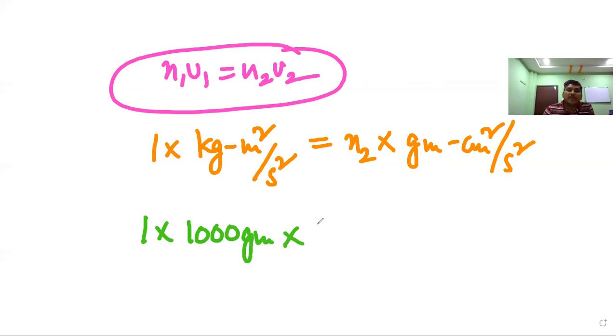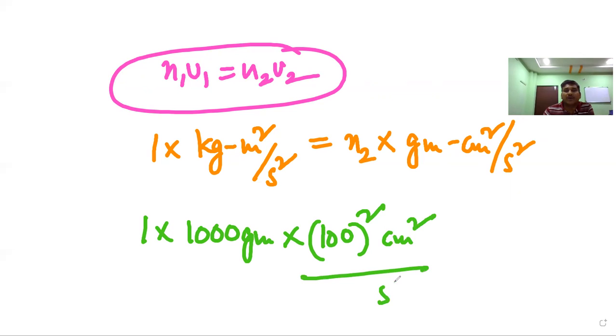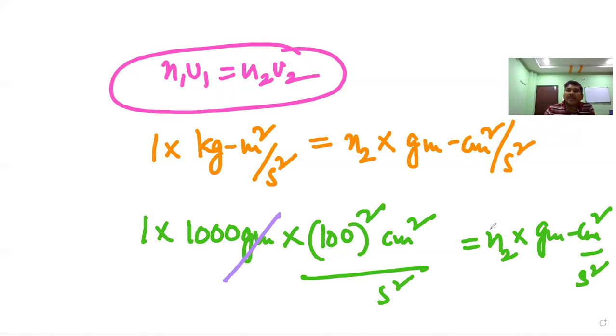And 1 meter is 100 centimeters, and this is squared. So centimeter square per second square, which is equal to N2 into gram centimeter square per second square. Look carefully. On either side, gram goes, centimeter square goes, second square cancels.